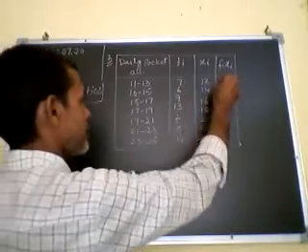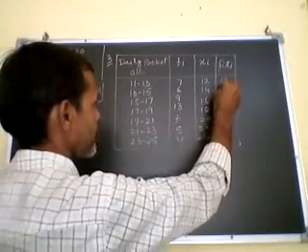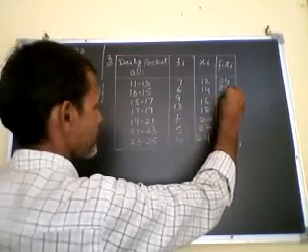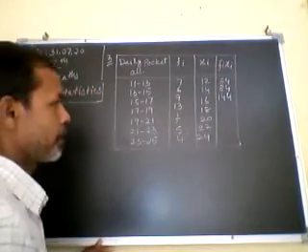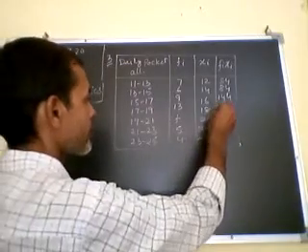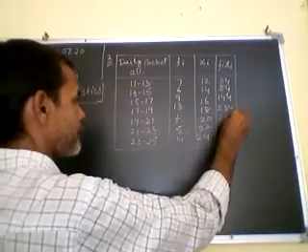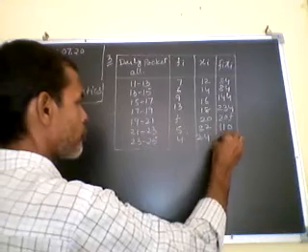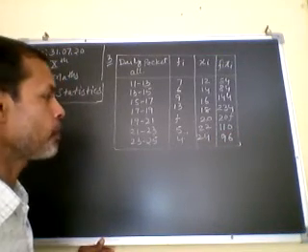12 into 7 is 84, 14 into 6 is 84, 9 into 16 is 144, now the next one, 13 into 18 is 234, f into 20 is 20f, 5 into 22 is 110, and 24 into 4 is 96.